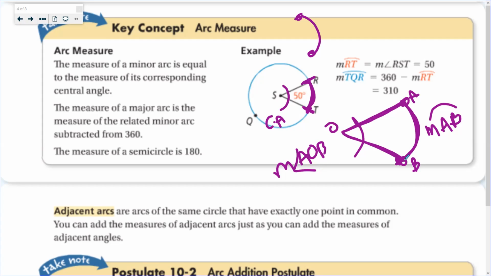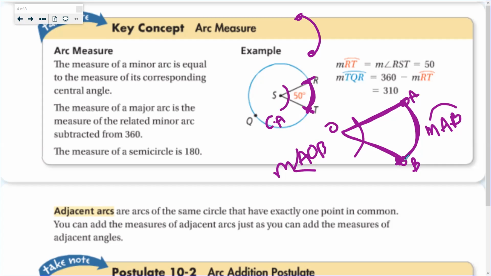So I will say now that the measure of angle AOB is equal to the measure of arc AB. So the measure of the minor arc is equal to the measure of its corresponding central angle. Is it clear?